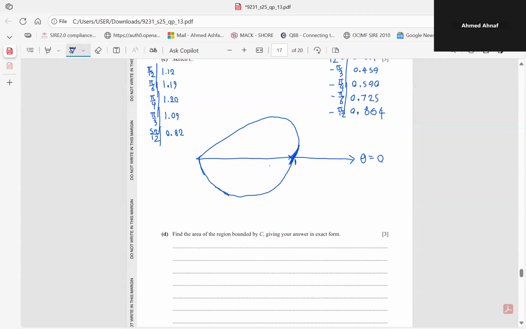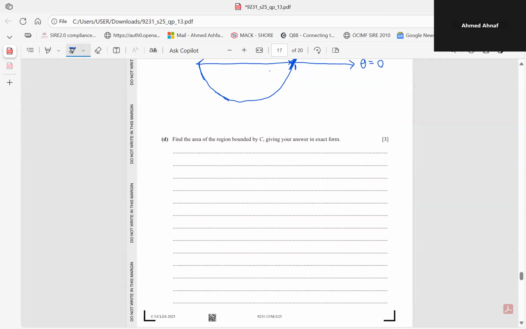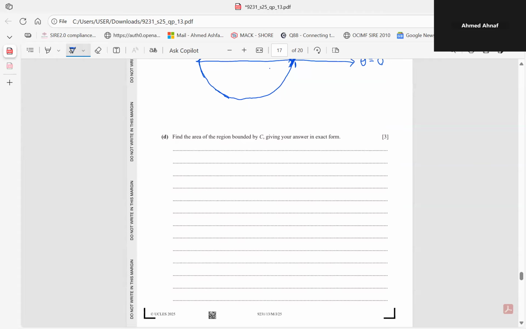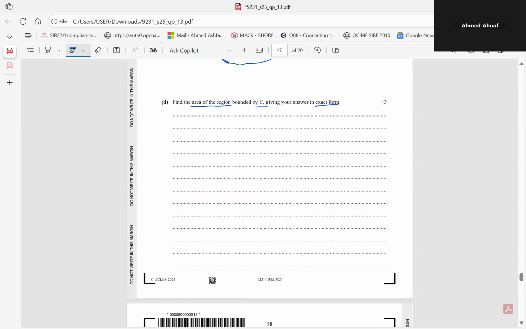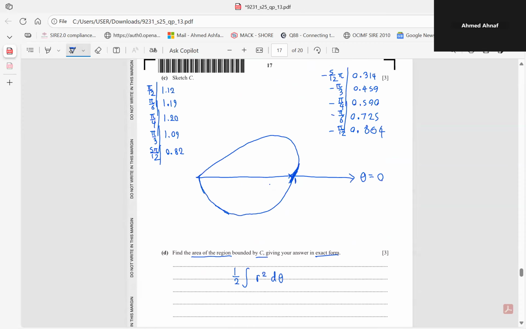Let's head on to the final part. Now we're going to have to find the area of the region bounded by C, giving your answer in exact form. To find the area bounded by a polar curve, you have to use this formula: half the integral of r squared with respect to θ, and your limits would be the values of θ which it surrounds.